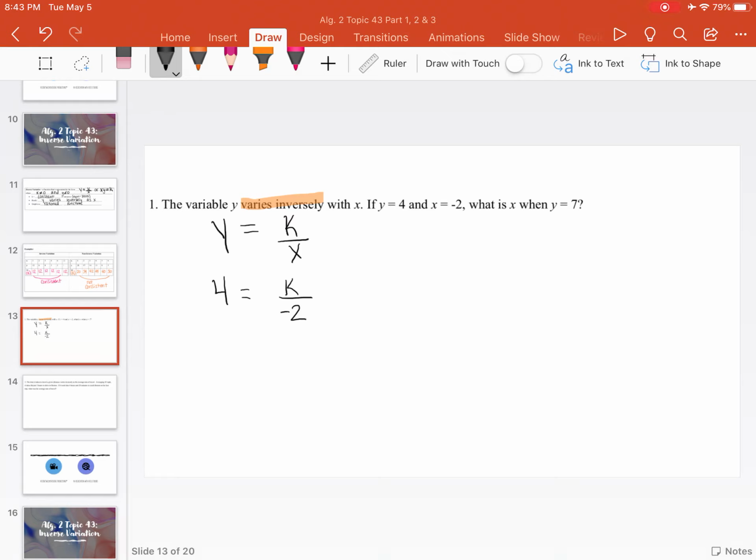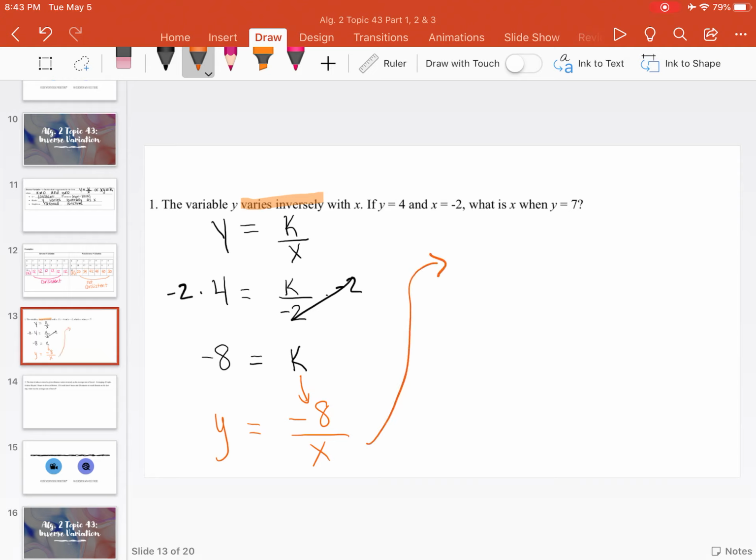Now we can solve for k. If we multiply both sides by negative 2, k equals negative 8. So we can rewrite our equation as y equals negative 8 over x.